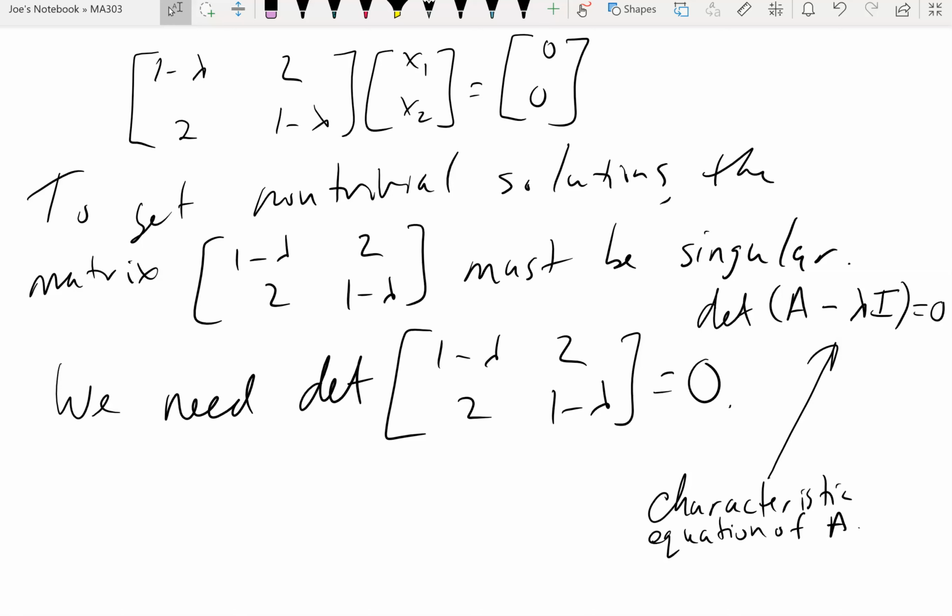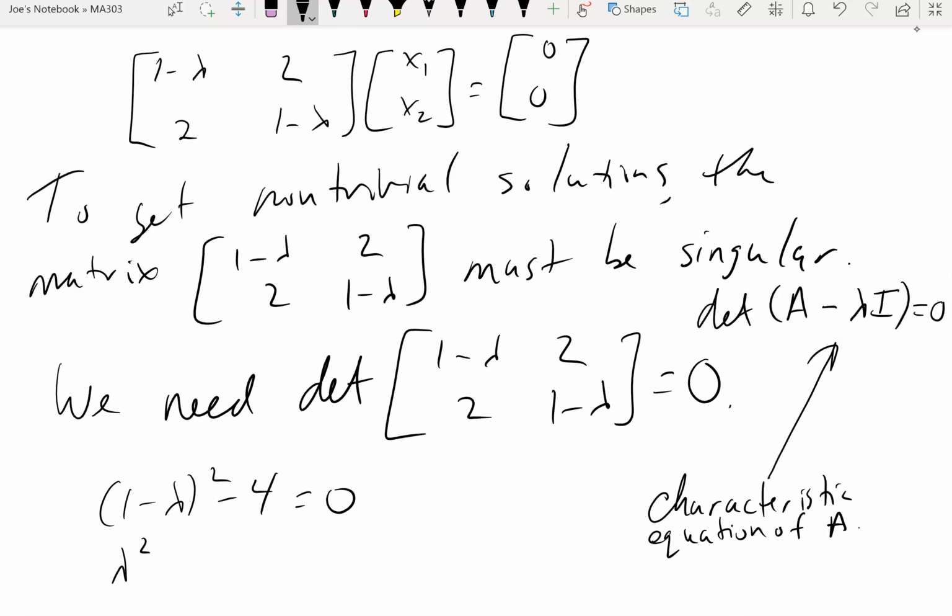All right, so now we can just solve this. Well, this is an easy determinant to take, isn't it? For this particular example. Do 1 minus lambda squared minus 4. Right? Because it's 1 minus lambda times 1 minus lambda, and then subtract off the 2 times 2.